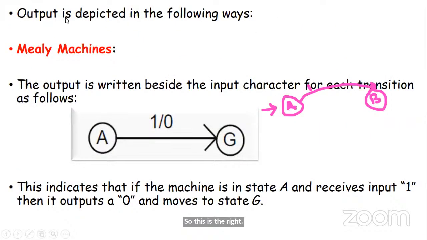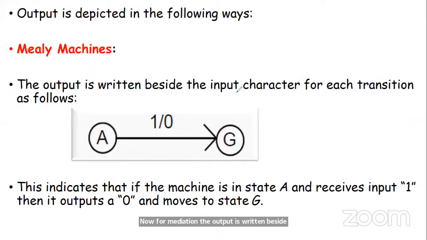Output is depicted in the following ways. For a Mealy machine, the output is written beside the input character for each transition as follows.